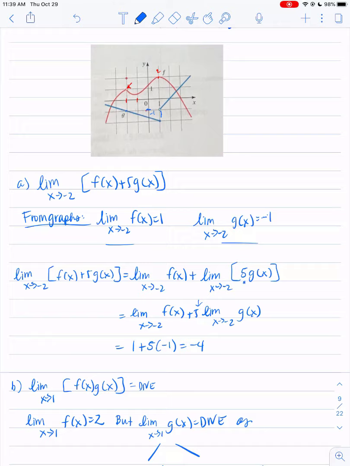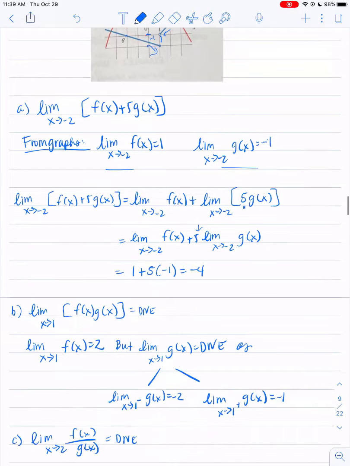And so basically the limit of g of x as I approach from the right is negative 1, but then as I approach from the left, it's negative 2. So these limits don't match. So the limit as x approaches 1 of g of x does not exist because my left and right side limits don't agree. So therefore I can't do the product rule, so this limit does not exist.